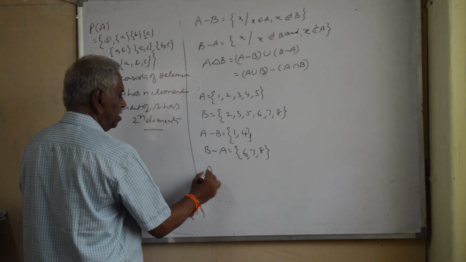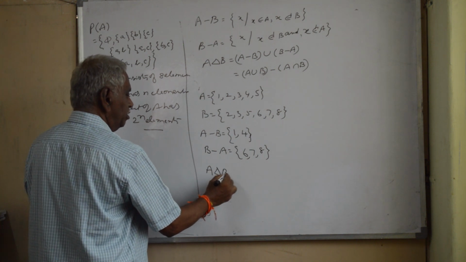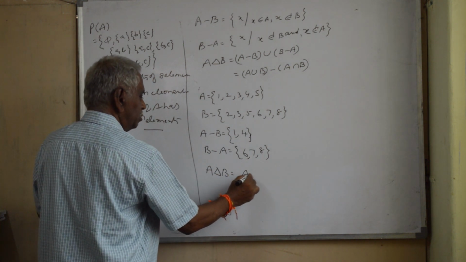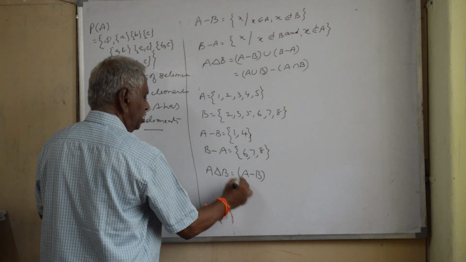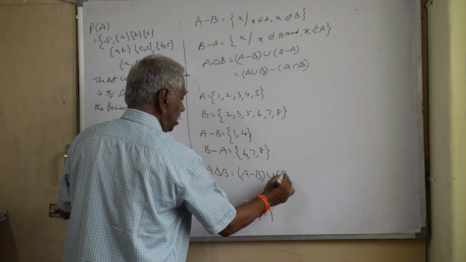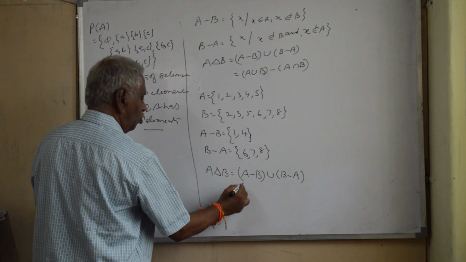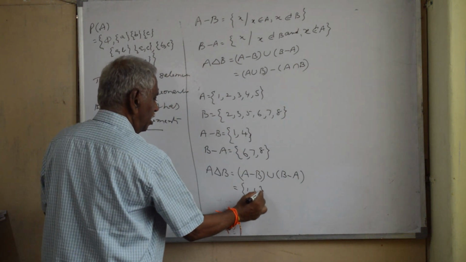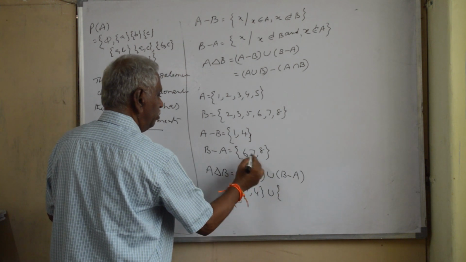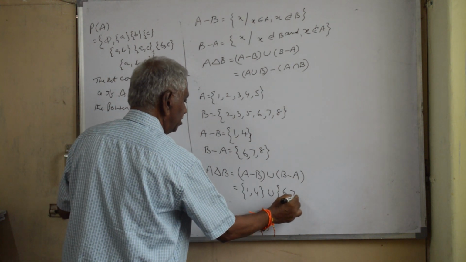Then what is A delta B? A delta B is equal to (A minus B) union (B minus A). So A minus B here is {1, 4} union B minus A, which is {6, 7, 8}.